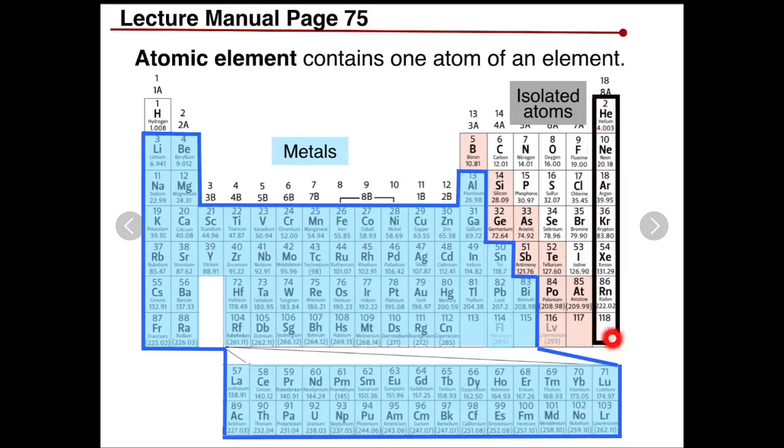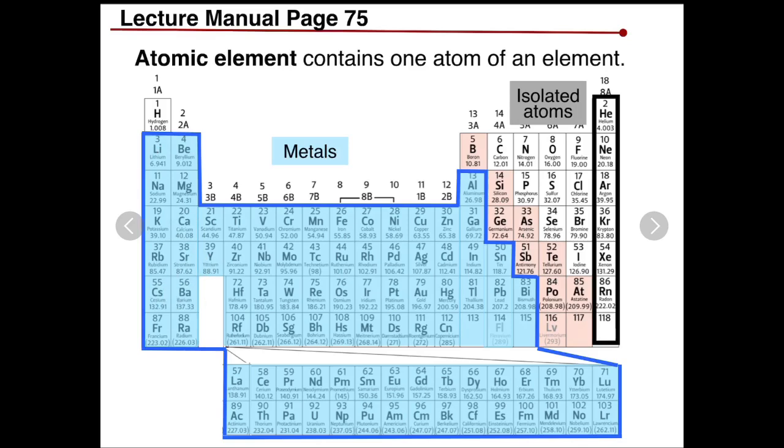So all of these noble gases are going to be present as atomic elements in nature. All those metals, even though they are present as a group of metal atoms according to metallic bonding, we are still going to consider them atomic elements because they contain only one type of element.